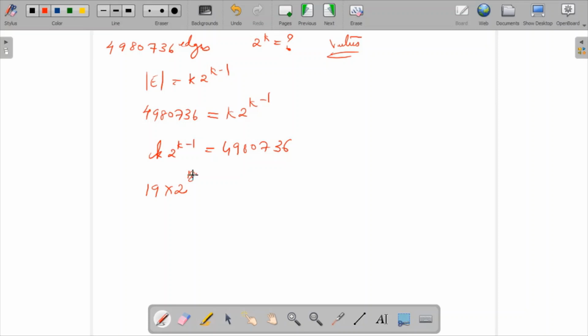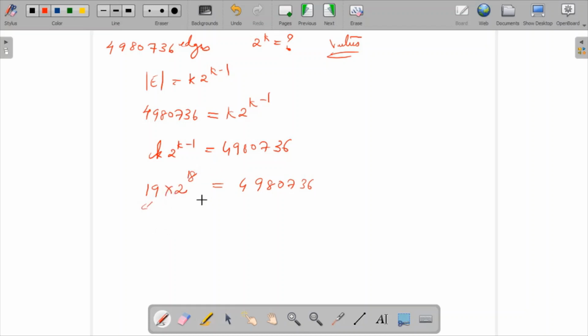So if you substitute K value as 19, Q_K has 4980736 edges. Just 2 to the power 18 would give you some term, and if you multiply that by 19, this would give the number. So you came to know that this is the K value and this is the K minus 1 value.